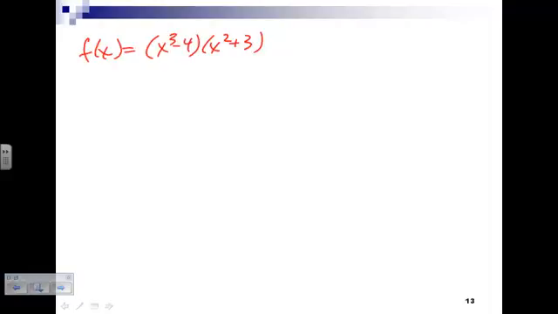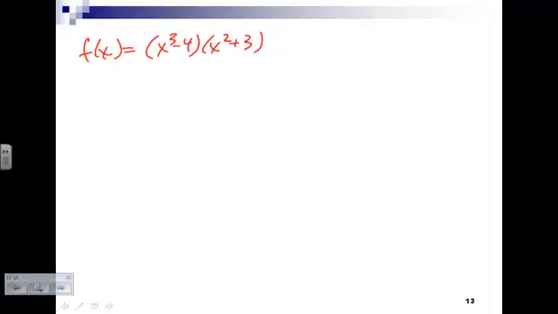Ready? In order to do the product rule, you must be able to look at a function and realize that it's a product. I see it. You see it? Oh yeah. You see the product of the first thing. What is the first thing in this case? X cubed minus 4. What's the second thing?